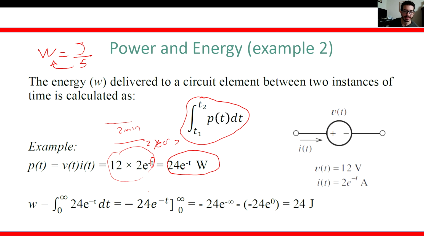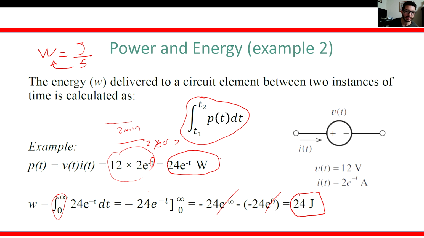If you integrate this, you can assume any time, say 35 seconds or 2 hours, whatever it is. But assuming that it's from 0 to infinity, that the circuit is always on, then the integral of this function is negative 24e to the negative infinity plus 24e to the 0. So the first term goes to 0, and the energy is 24 joules.